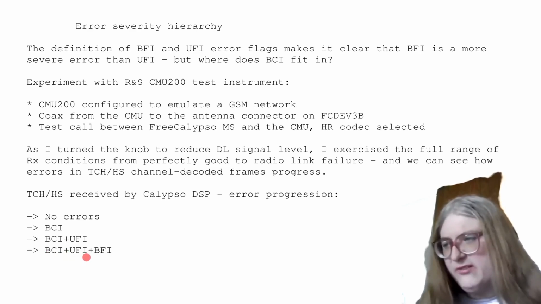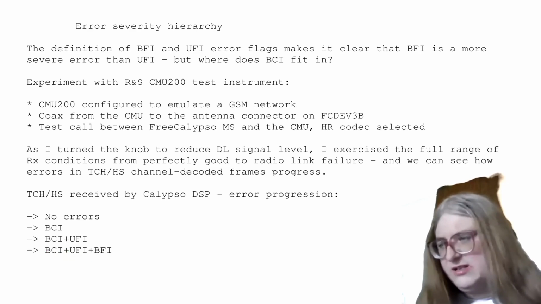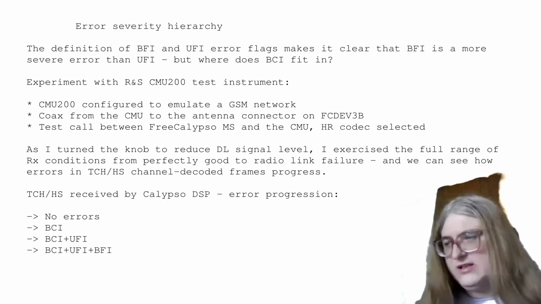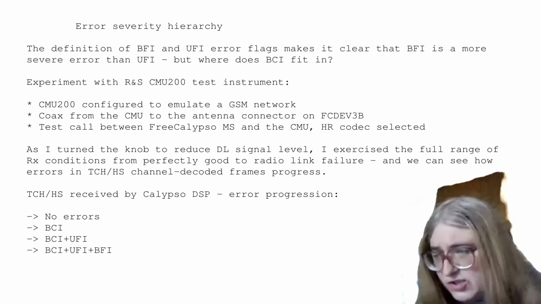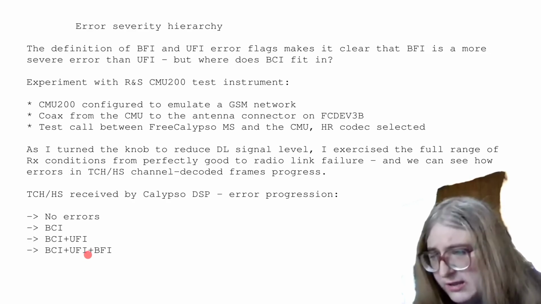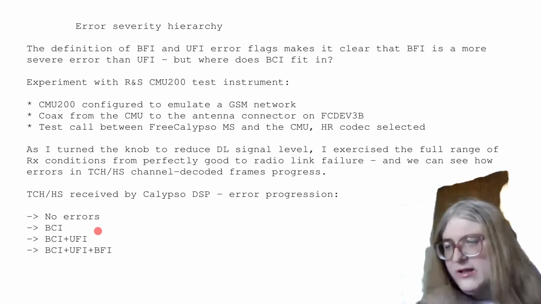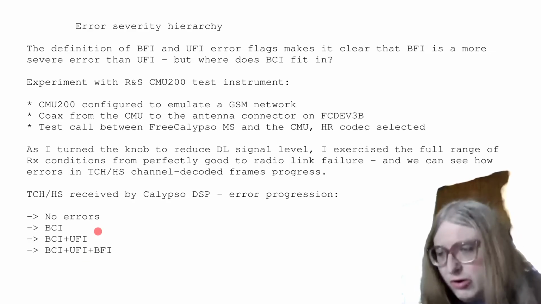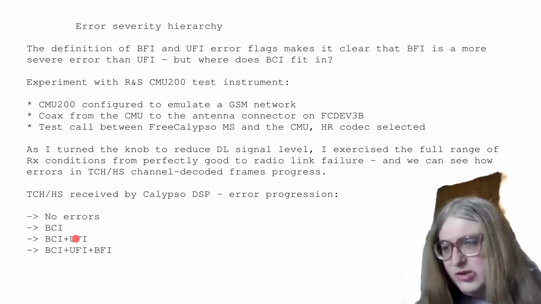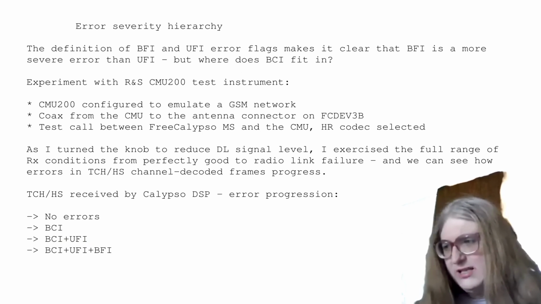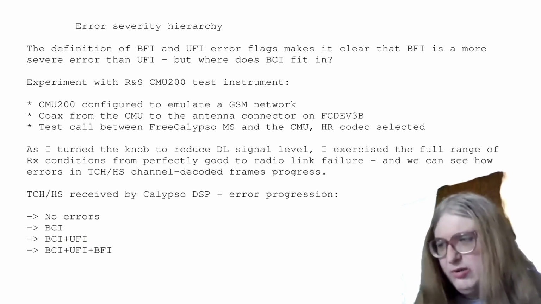That's why you see a 7 in that last hex digit, because all three flags are set. If it sets UFI, it would also set BCI, so you will see a 3 in that last hex digit, because both BCI and UFI are set.